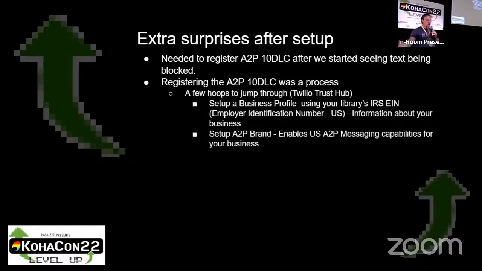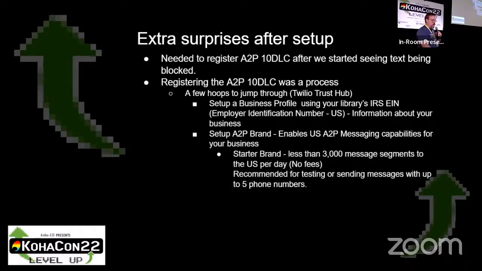Then we had to set up what's called an A2P brand. This enables the A2P messaging capabilities for your business. So you have choices. The starter brand, which is less than 3,000 message segments to the US per day, recommended for testing or sending messages with up to 5 phone numbers. So the starter brand is their free option, which is really nice.